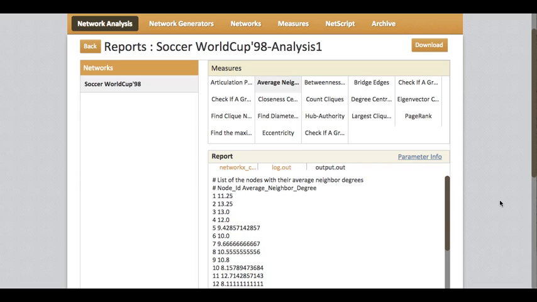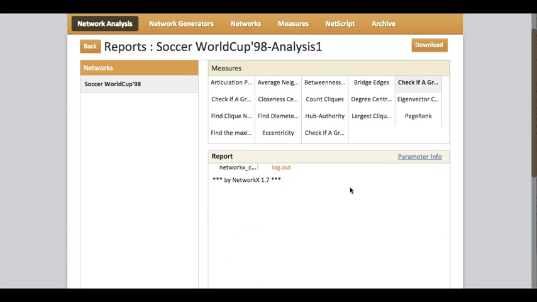So basically, whether the graph is biconnected, check if graph is. So the graph is not biconnected. Is the graph bipartite?